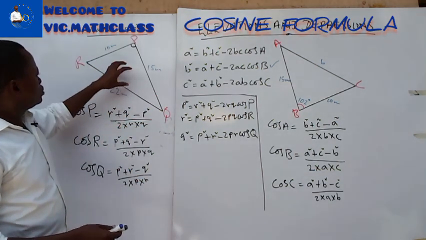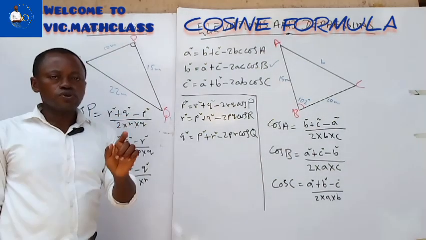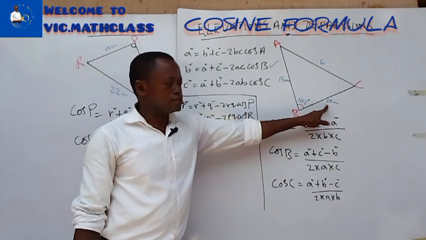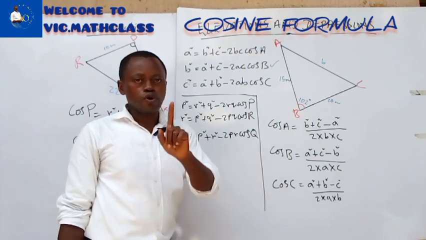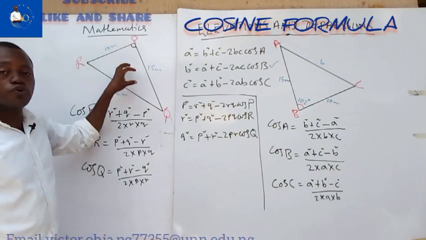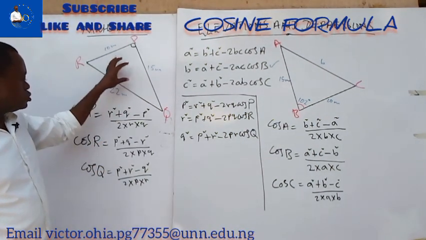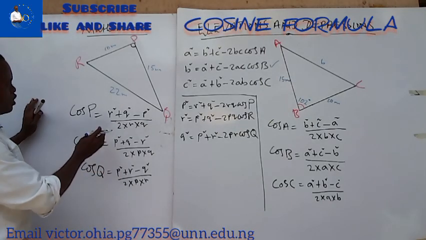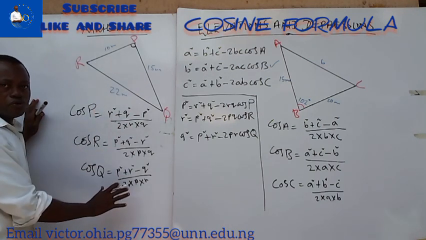But what I'm trying to buttress here is that the situation under which you use the cosine formula is that either two sides of the triangle and the angle between those two sides are available, or the three sides of the triangle are available without any angle on the inside part of that triangle. So you can use the cosine formula in doing that calculation. If I want to calculate any of these angles here, any of these formulas goes.